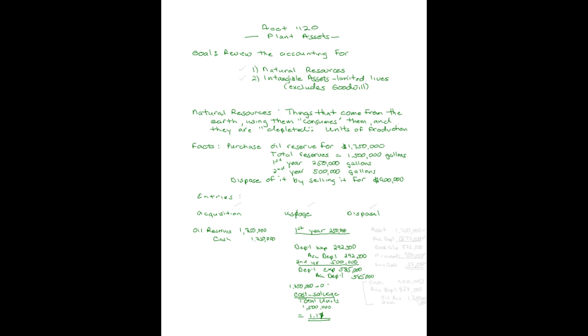Let's look at disposal now. Well, where are we on this asset? We have an asset in the amount of $1,750,000. We've taken depletion on it twice, so we need to add up what's in our accumulated depletion account for the 2 years. That is $292,500 and $585,000.